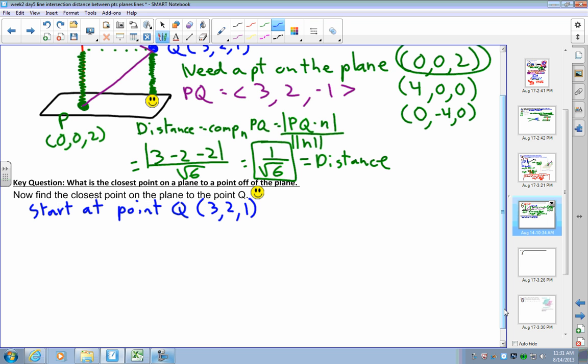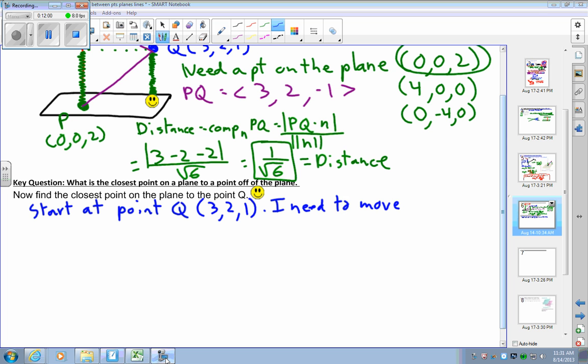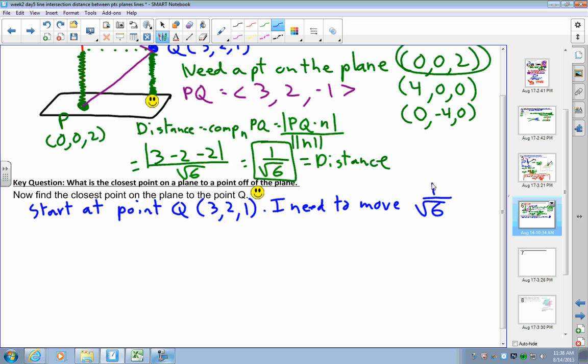And I need to move. So I need to move, what's that distance again? I need to move the distance 1 over square root of 6 down the vector n, which is 1, -1, 2.